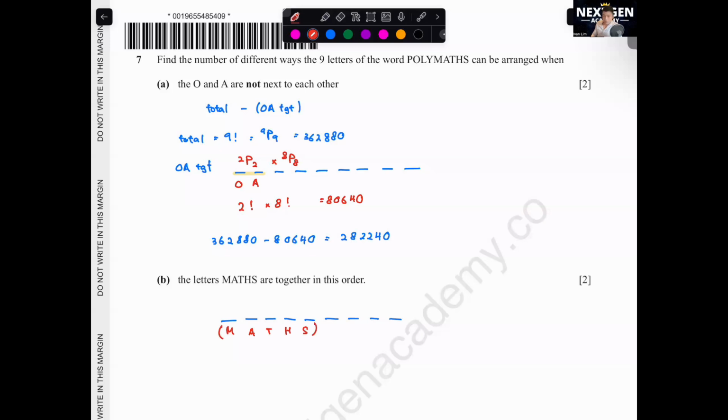In this order means you're not going to rearrange this one already, so you're not going to do 5P5 for this because there's only one order. You take this, now all joined together as 1. So you have 1, 2, 3, 4, 5. Your only calculation is 5P5 for this, or 5 factorial, which will be equal to 120.